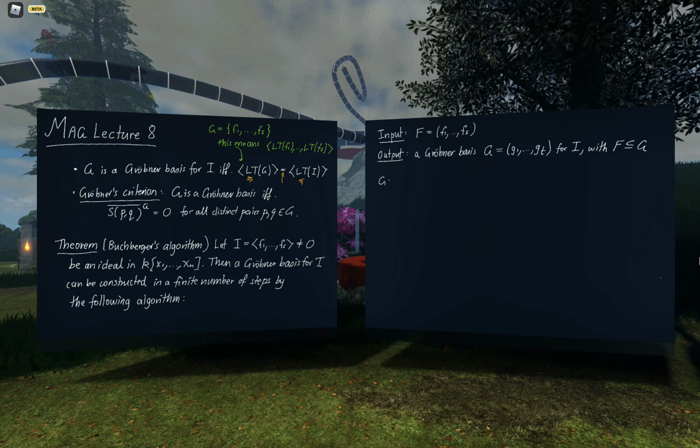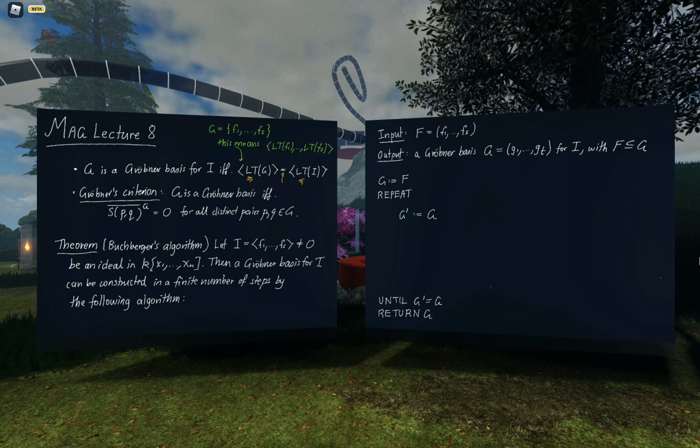And here's the algorithm. Okay, we start by setting G to be f, and then we're going to repeat the following loop until G prime is equal to G. You'll see what G prime is in a moment, and then we'll return G. So we're going to make a kind of temporary copy of G, where we want to keep a copy of G as it was at the beginning of this pass through the loop, and that's called G prime.